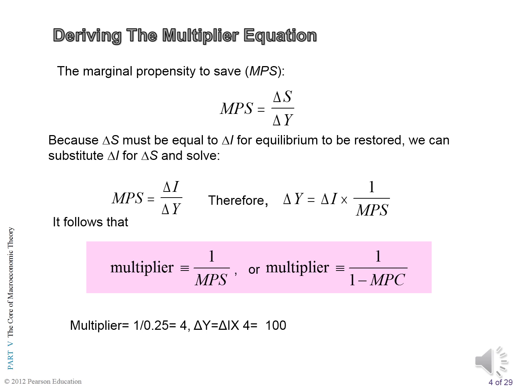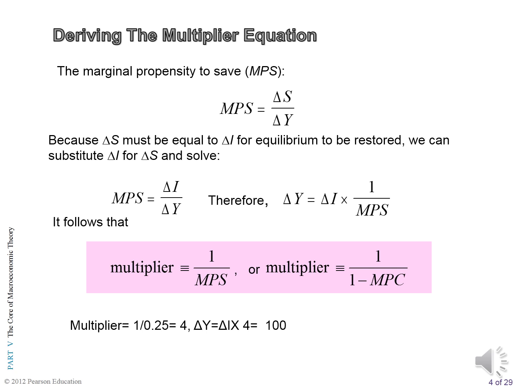Okay, this means that the output and income will increase 4 times the initial increase of investment. Equilibrium income will increase 4 times the initial increase in investment. So investment increased by 25, so income will increase by 100.